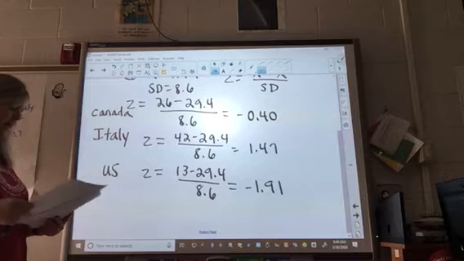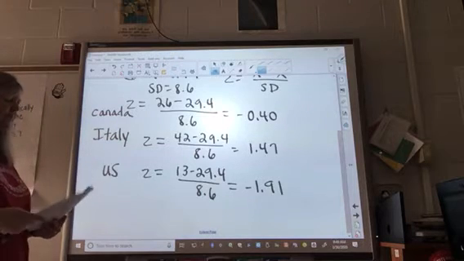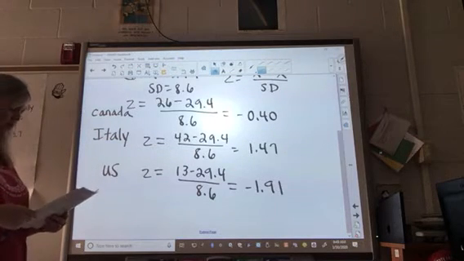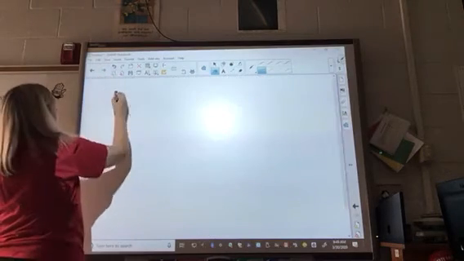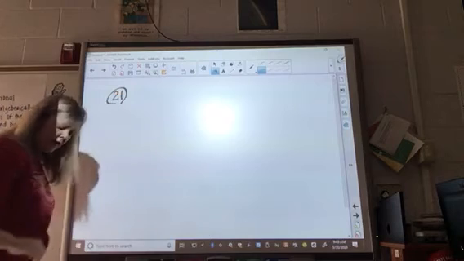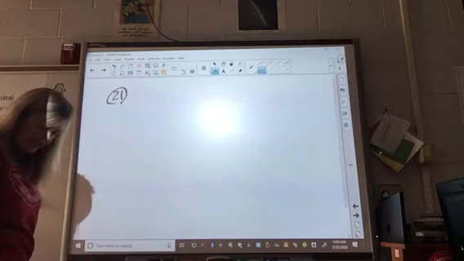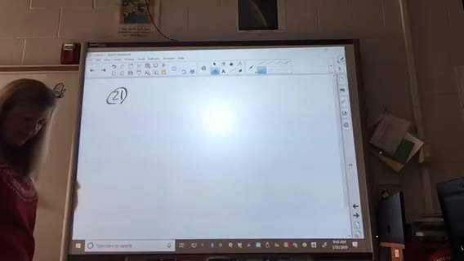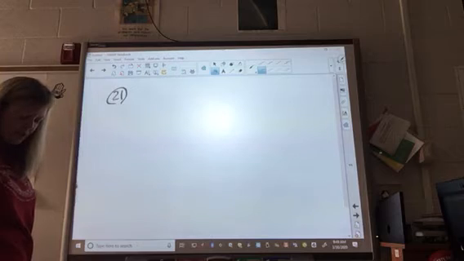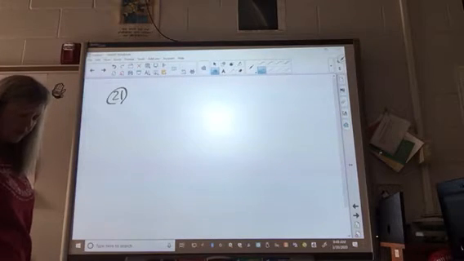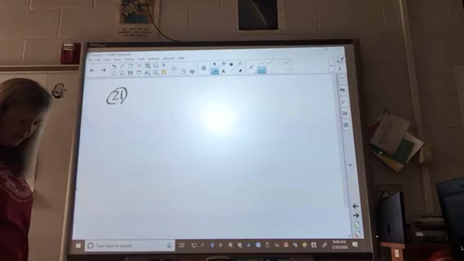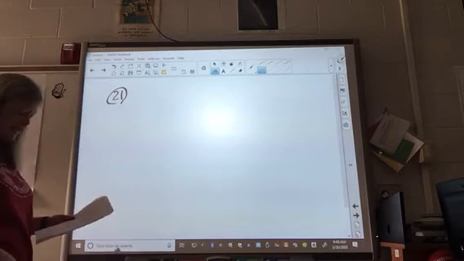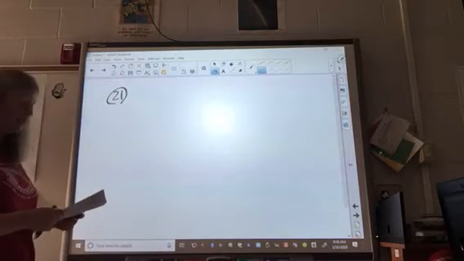Let's see about number 21. Number 21 says the average weekly earnings in dollars for various industries are listed below. Find the percentile rank of the data. What we need to do first is put that data in order from least to greatest.